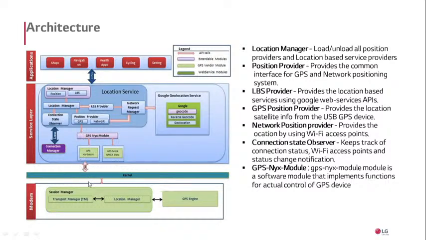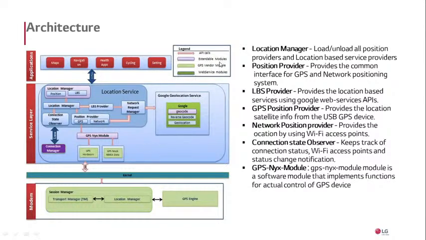Using QMI, it talks to the kernel part, where the actual hardware is connected to the webOS target. The network request manager is used for network services or the Google geolocation services. As of now, geocode, reverse geocode, and geolocation have been implemented as part of the location service, so we can call these services using the LBS. The geolocation can be used by using the network routing address.